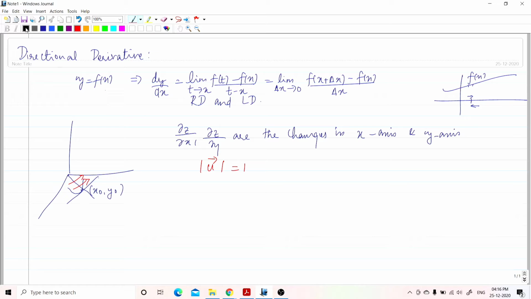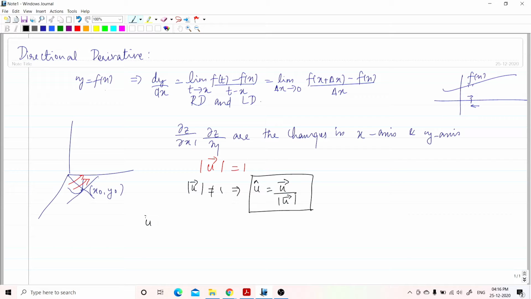So only for unit vectors we define the concept of directional derivative. If you are given a vector which is not a unit vector, then we define the corresponding unit vector as u vector upon absolute of u vector.